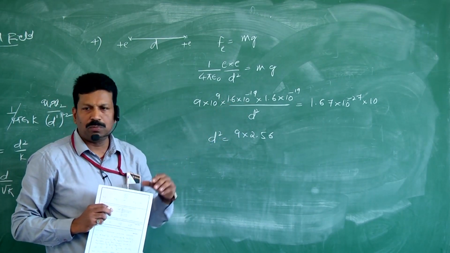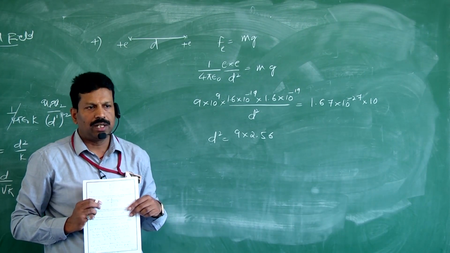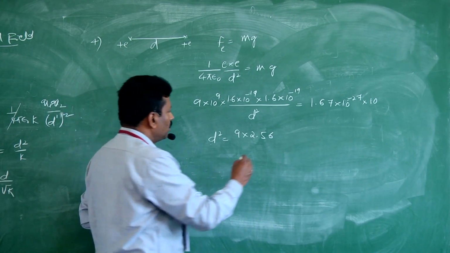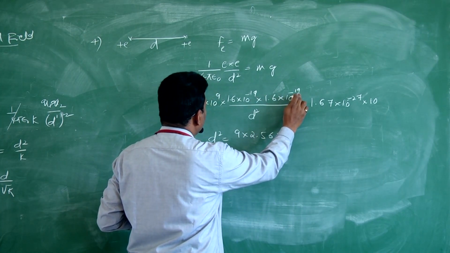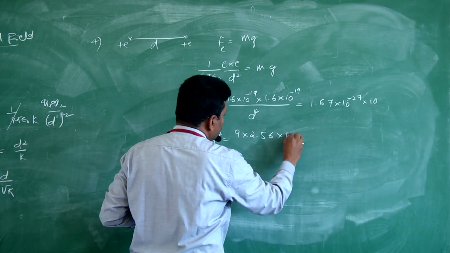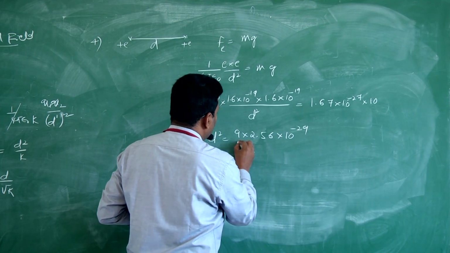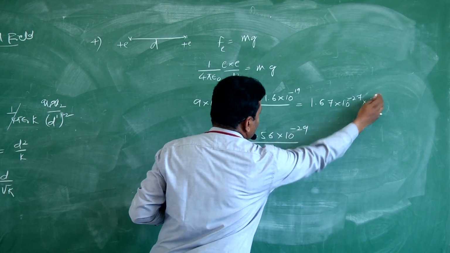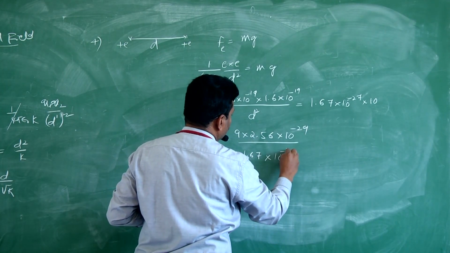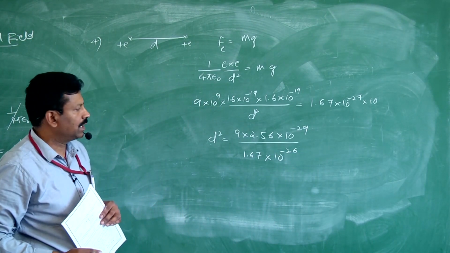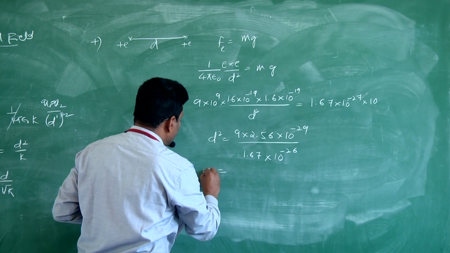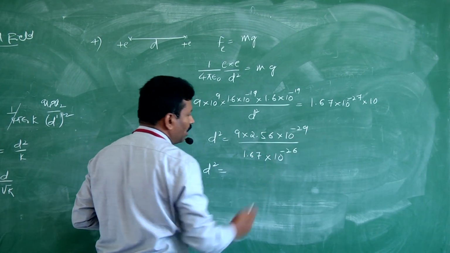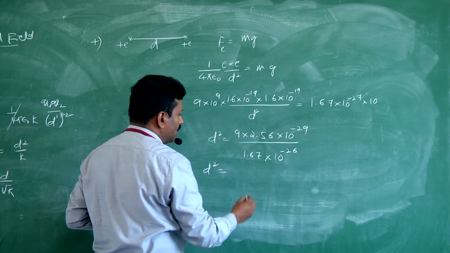So 1.6 into 1.6, correct? 2.56, into minus 38 plus 9 gives minus 29, divided by 1.67 into minus 27 plus 1 gives minus 26. Now this will be equal to d squared. Okay, taking minus 29 minus 26.